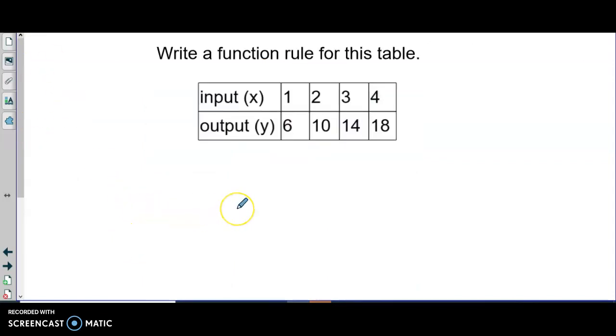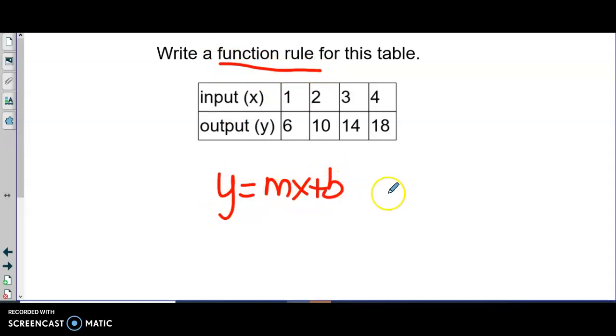Write a function rule for this table. Okay, so function rule is just another word for linear equation, so we're going to write our function rule in this form, slope-intercept form, y equals mx plus b, where m is the slope and b is the y-intercept. So there's a couple different ways you can do this.